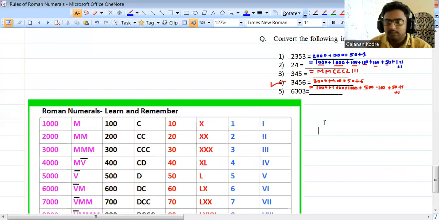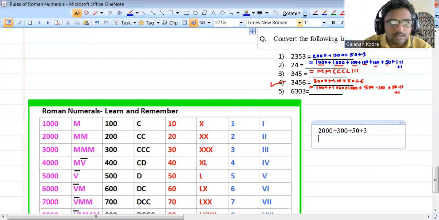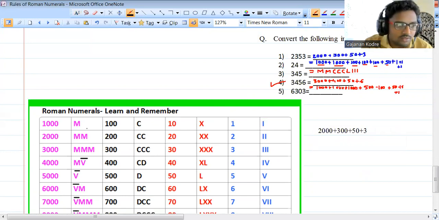2000 plus 300 plus 50 plus 3. Look at the Roman numeral for 2000. You see here, for 2000 it is MM.